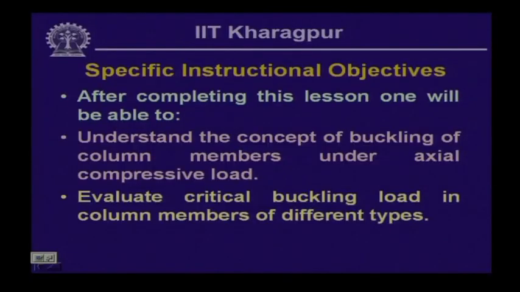So, buckling of column members under axial compressive load, and one should be in a position to evaluate critical buckling load in column members of different types. We will look into what we really mean by critical buckling load, that is, the load at which a member subjected to axial compressive load is going to buckle or deform.